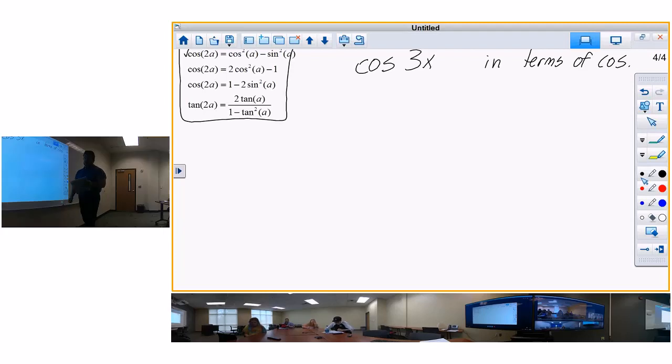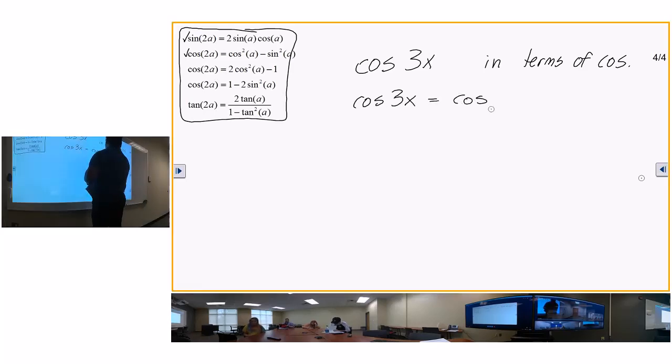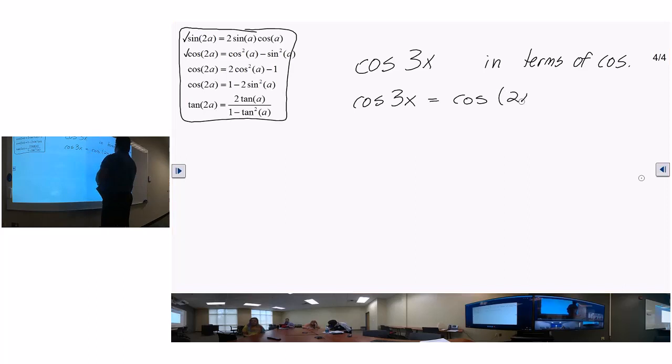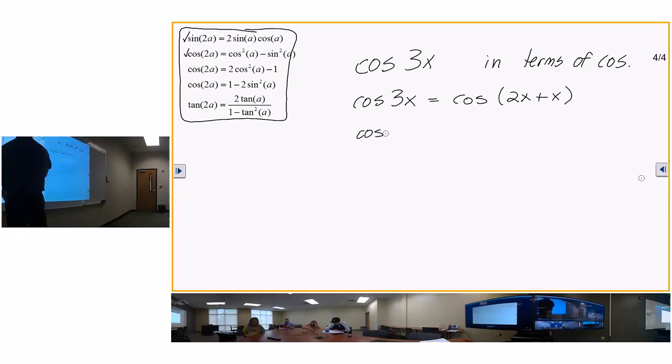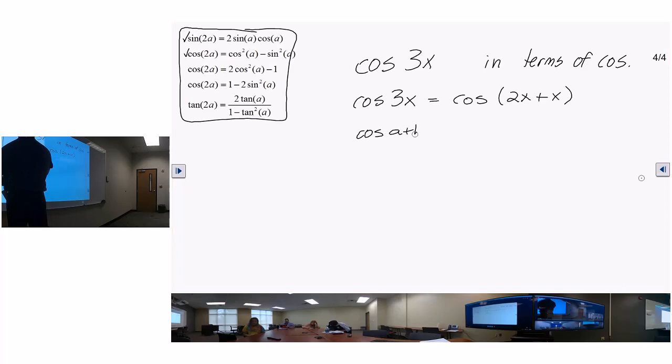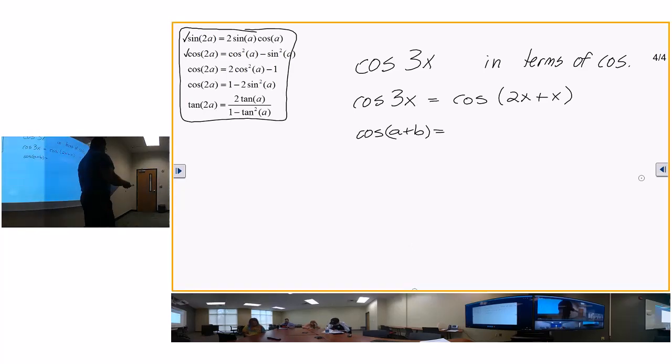So, cosine of 3x can be rewritten as the cosine of 2x plus x. Now, therefore, we have the cosine of A plus B. And the cosine of A plus B is equal to cosine cosine minus the sine sine, right?